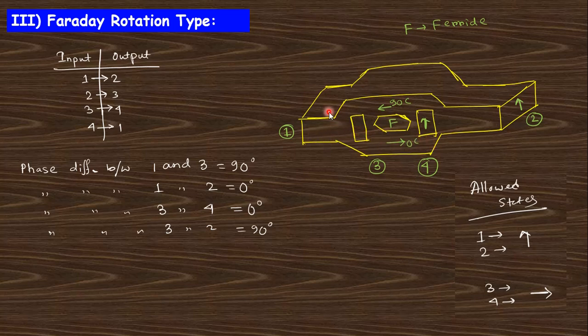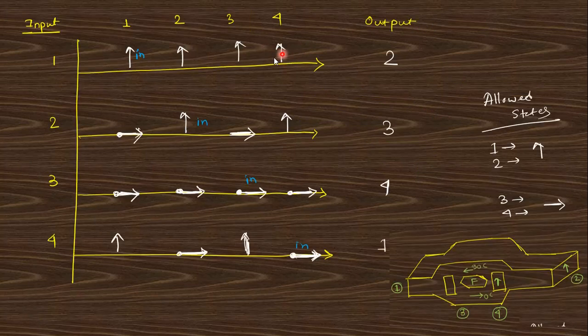So if the input is in that direction, the output in 2 will be in that direction, and 3 and 4 are the same. For 3 and 4, this is not an allowed state, so this will be 0. So actually we get output from 2: input 1, output 2.